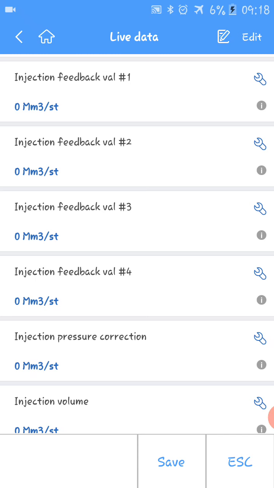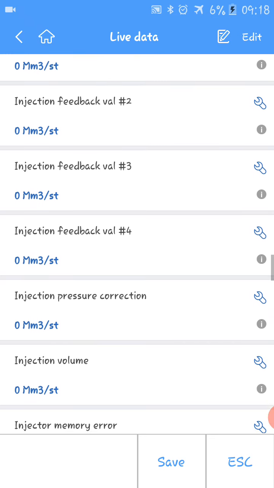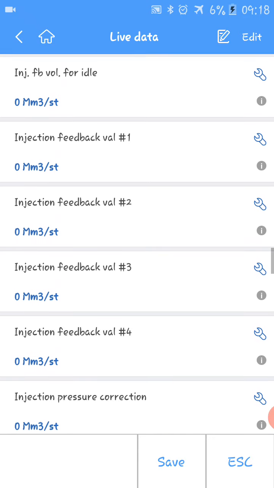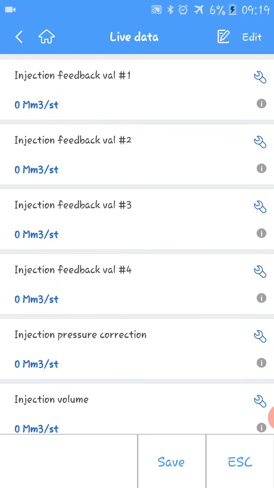This is what you should expect even when you start the engine. The value should be somewhere around 0. If it's a bit off, it could be plus or minus 0.3. Anything more than that, then there's a problem. So let's start the engine, then see what we have.